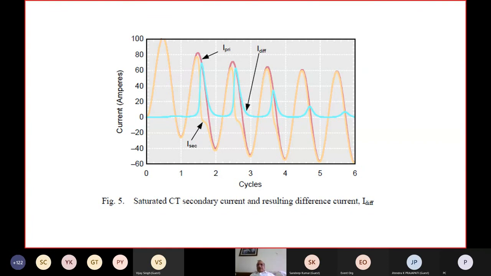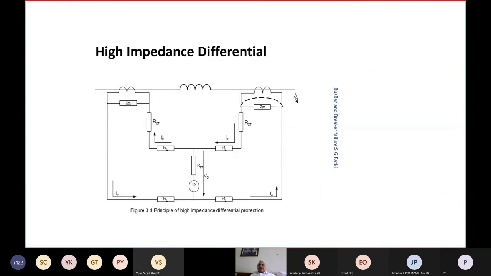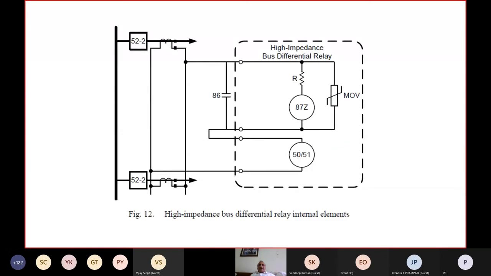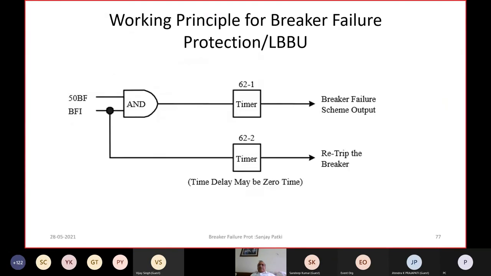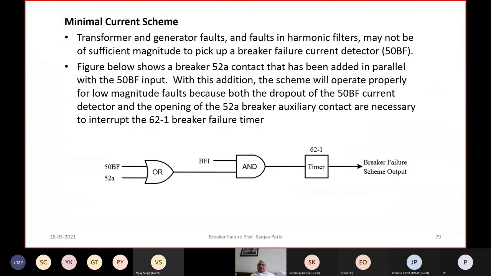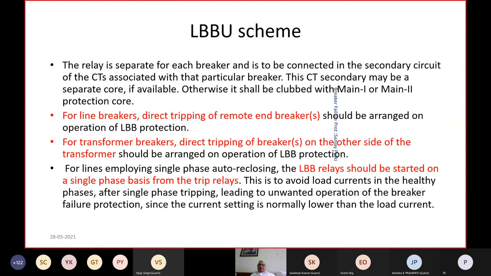That is where slowly we are all moving to digital substations, where even the CT and PT would be optical principle based, so that all these electromagnetic phenomena can be avoided. Local breaker backup protection we had mentioned, so I will not repeat here. LBB scheme.